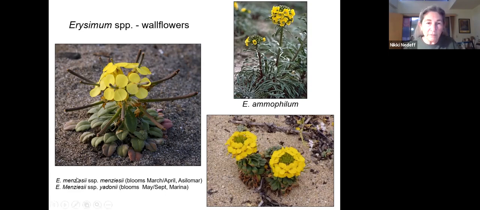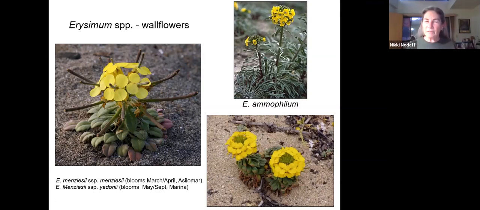One, Erysimum menziesii subspecies menziesii, only blooms from March to April. Pretty early, it's about to start now, and it only occurs in the Asilomar dunes. It's endemic. The other, Erysimum menziesii subspecies yadonii, blooms later, in May to September, but it only occurs in the Marina dunes on the other side of the bay. So go figure, how does that happen?